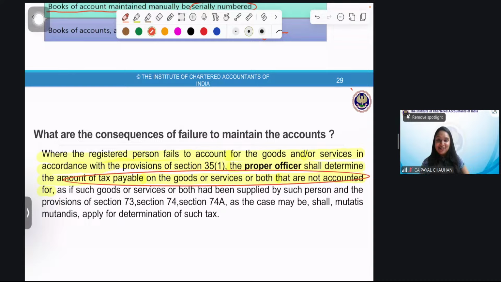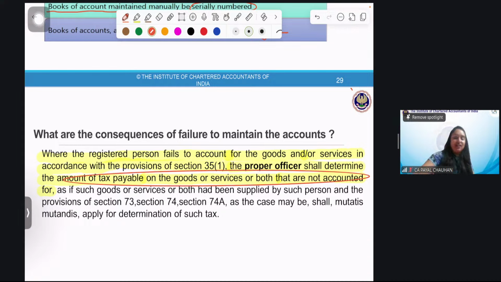So we have three winners. Remember, if my goods are found at some other place by the department, then it is assumed that they were supplied from the owner, that is from the supplier, and he has to pay tax as though they are deemed supplied. Do you people remember?